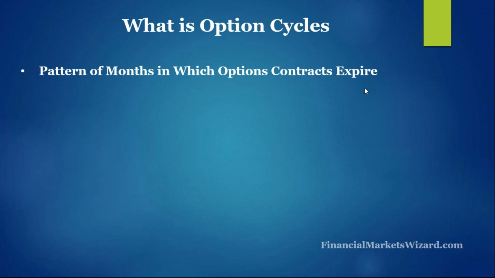The option cycle is a pattern of months in which options contracts expire. When you see the example, you will see that there are certain patterns where some stocks' options are expiring. Some are expiring in the January cycle, some in the February cycle, some in the March cycle. So there are three cycles.